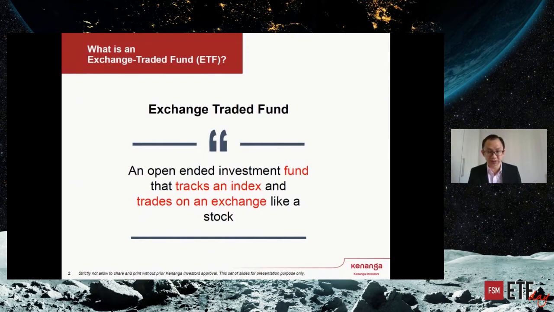So when the benchmark index of FBM 100 goes up by 1%, theoretically my ETF should return 1% as well. And when the index goes down by 1%, my ETF will follow through, down by 1% as well. And this ETF will be traded on an exchange. So this is what an ETF means.